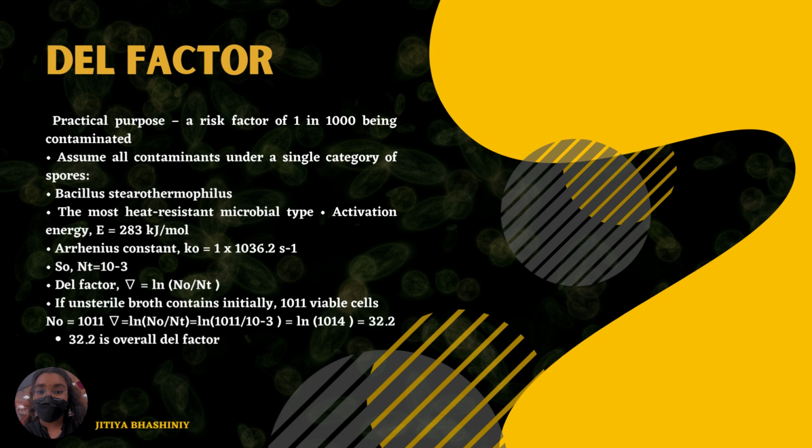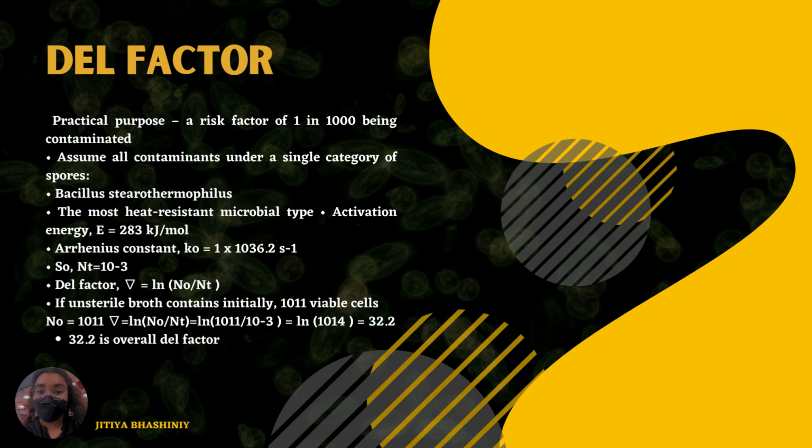The final microbial count in the medium after sterilization should be 10 to the power of negative 3 viable cells. For the del factor, consider an unsterile broth containing initially 10 to the power of 11 viable cells, so N0 equals 10 to the power of 11.